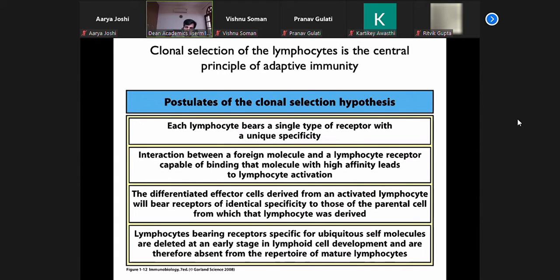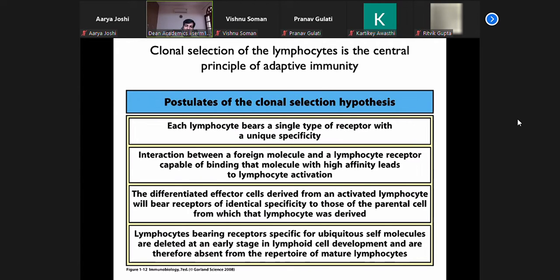And this clonal selection theory was able to provide with authority that this is how T cell or B cell responses are induced. Okay, and we are talking about the postulates of this theory. The first one was that each lymphocyte bears unique antigen specificity on its surface via its antigen receptors.